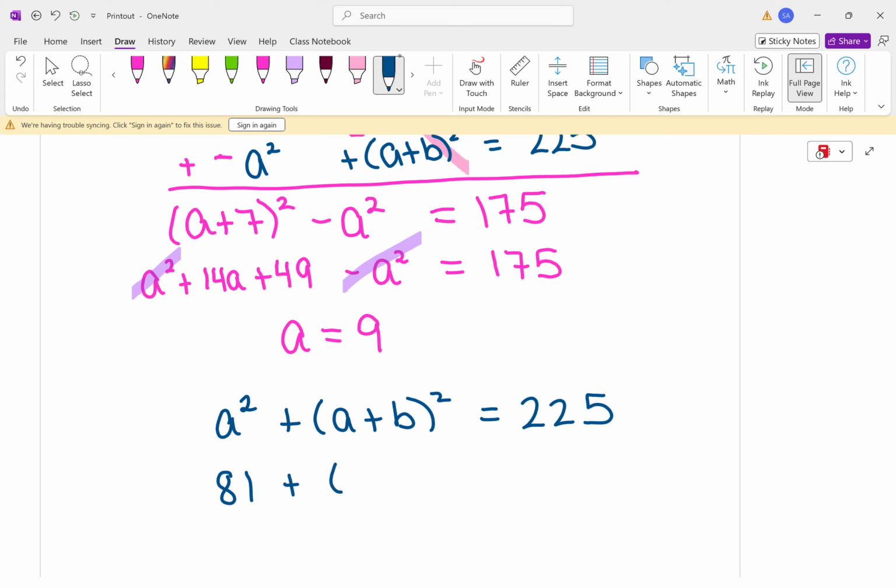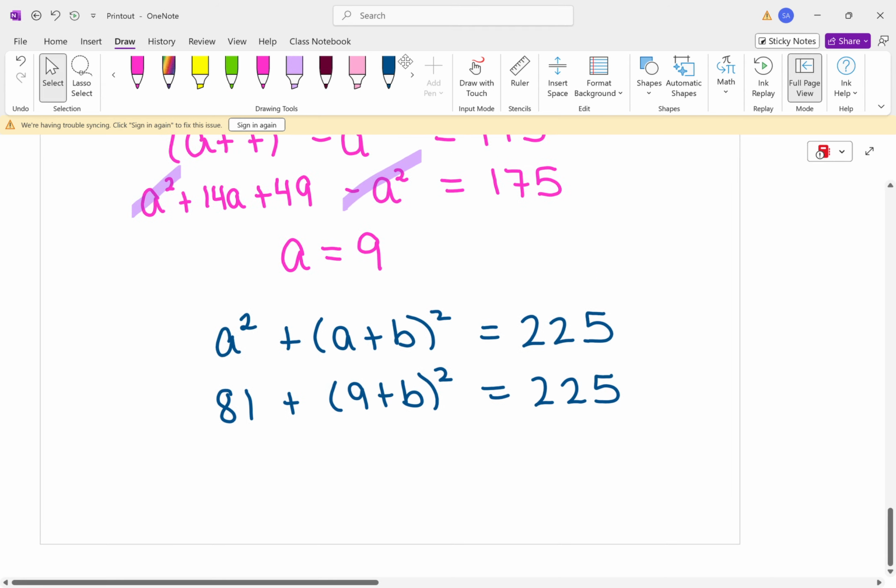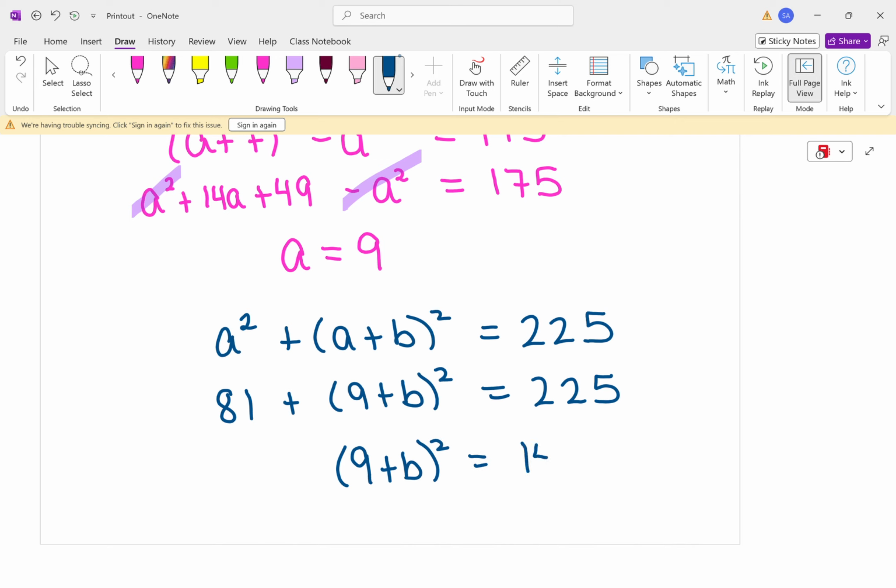A squared plus the quantity of A plus B squared equals 225. So we're going to have 81 plus the quantity of 9 plus B squared equals 225. I'm going to subtract that 81. So 9 plus B quantity squared equals 144.